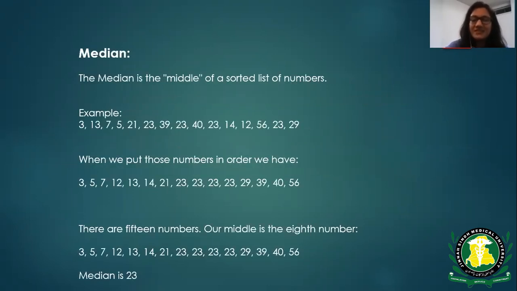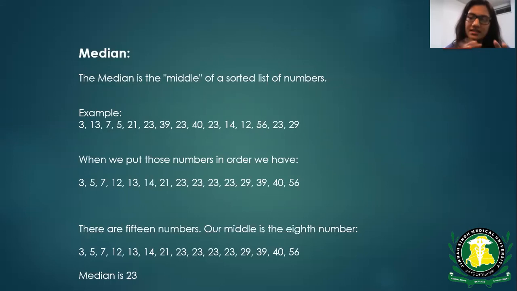Median is another very simple term that we are used to. It's taking the middle number of a set of data. Now, how do we calculate a median? It needs some calculation. First of all, if there's a set of data, we have to arrange it in ascending order.